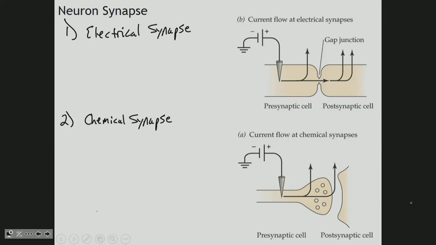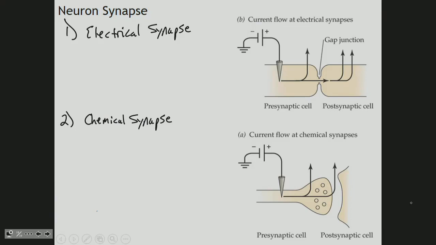And so the cells are physically connected. And then you just have ions moving, the sodium ions moving from the presynaptic cell to the postsynaptic cell. And the synapse would be the space between the two cells, right? So in an electrical synapse, you're directly conveying the ions that were depolarizing the presynaptic cell into the postsynaptic cell.